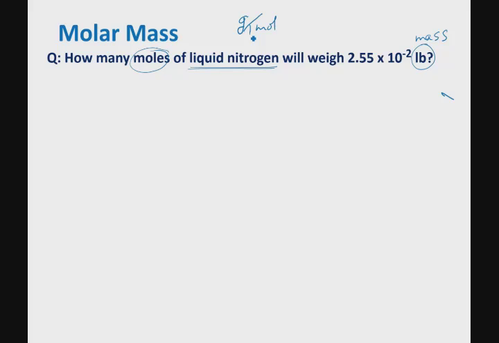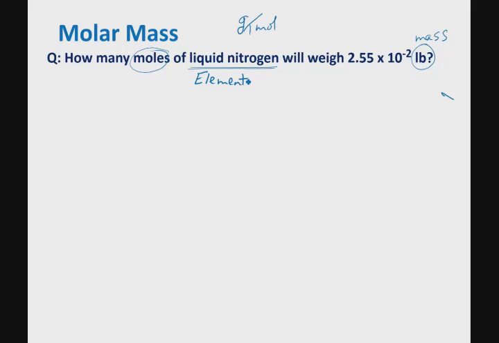The next thing that I would like to point your attention to is liquid nitrogen. Now, is this a compound or an element? Exactly, it is an element. If it is an element, nitrogen, what is the chemical formula of the nitrogen that is stable and exists in nature?